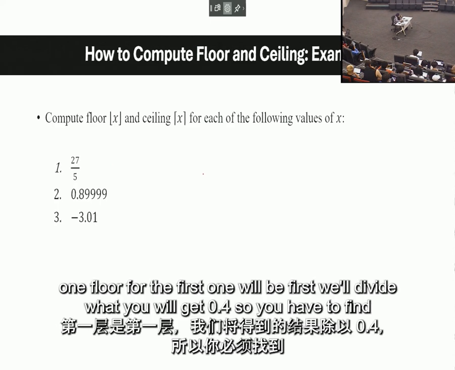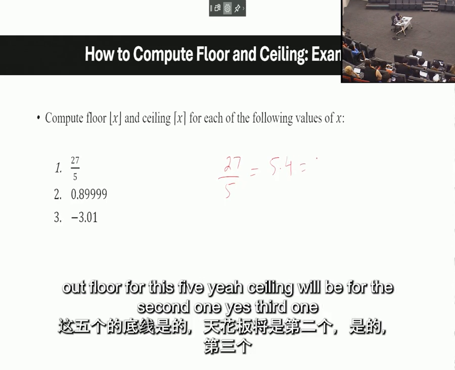For the first one, first we'll divide, and you will get 0.4. So you have to find out the floor for this. Ceiling will be 1 for the second one.